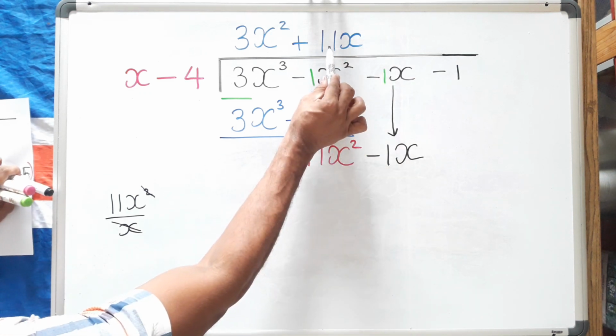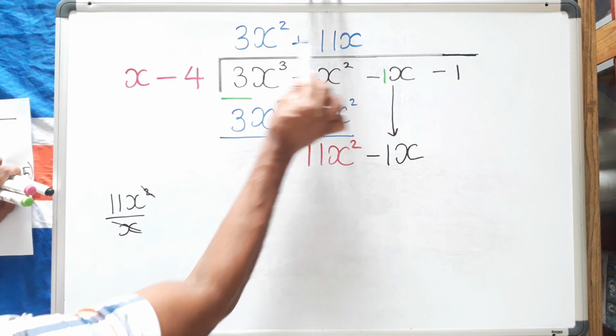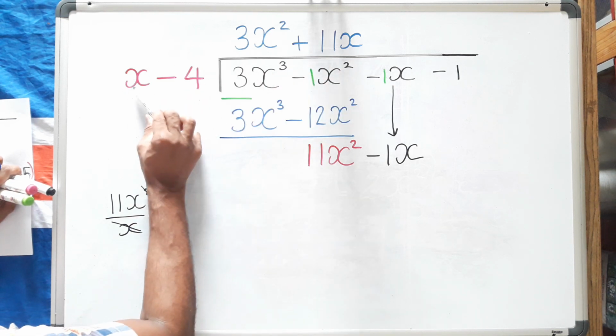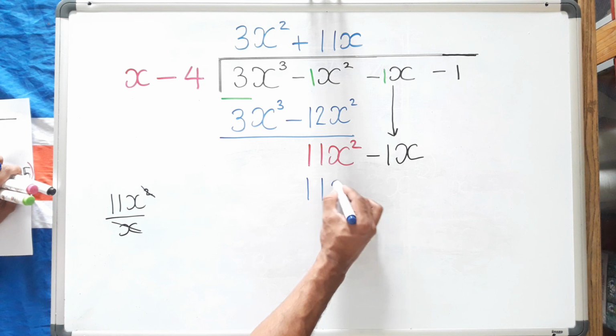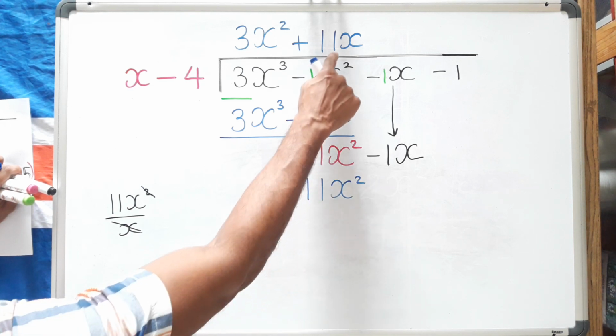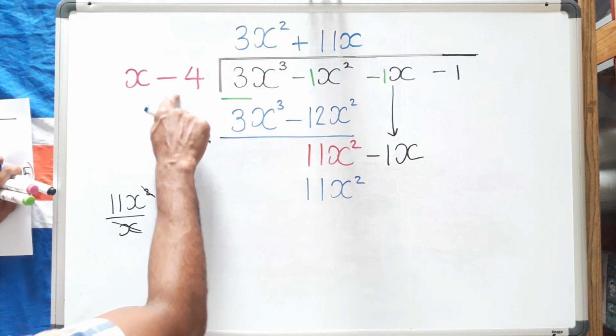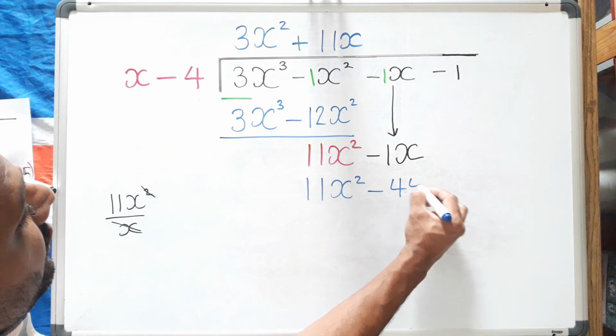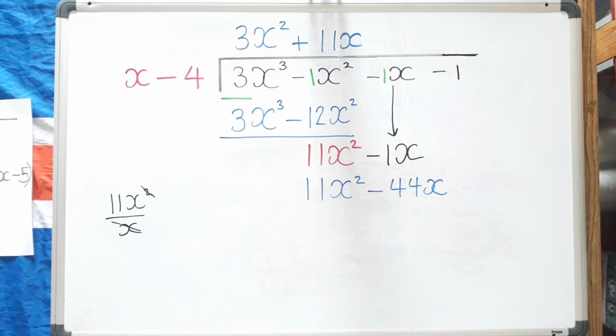The 11x, the answer we just got, we have to multiply it by these two guys here. 11x by x is 11x squared, and 11x by minus 4, remember it's minus 4, is minus 44x. All right.